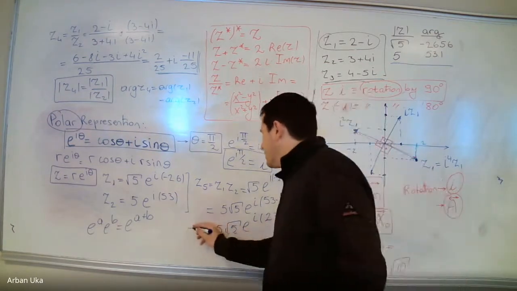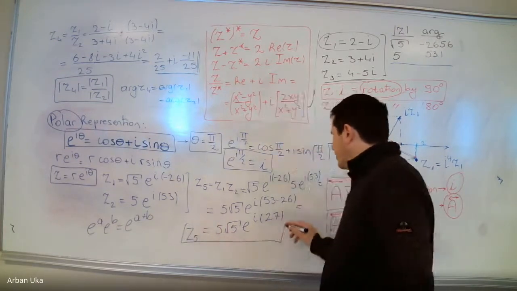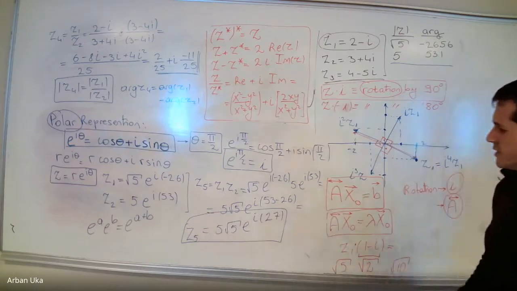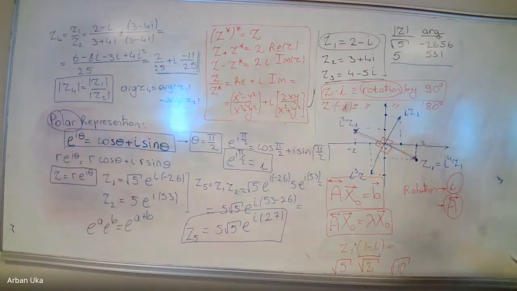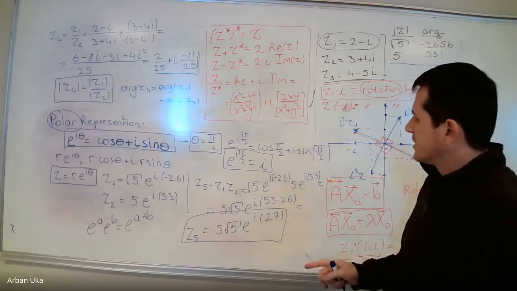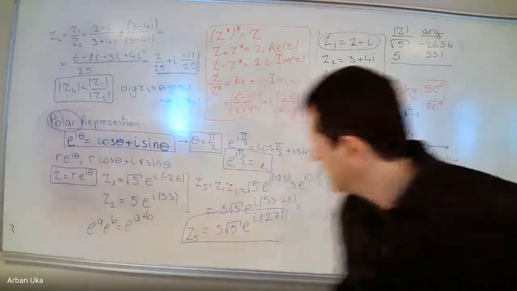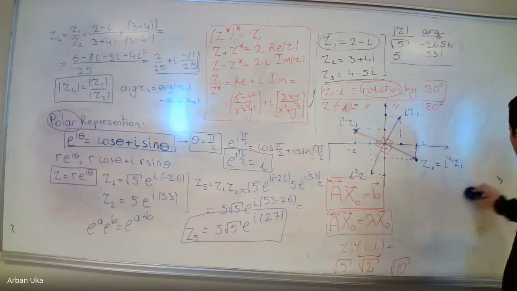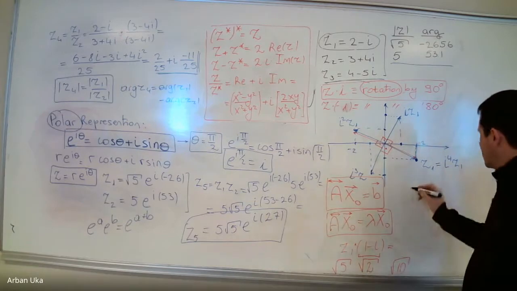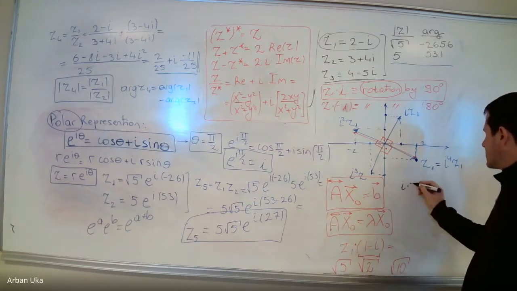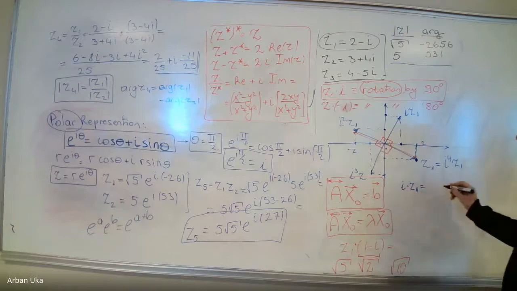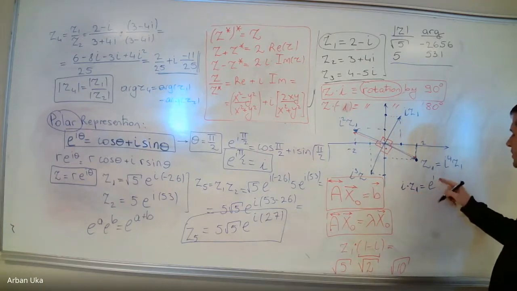Okay, so this is the result, and for many, this one is also a lot more intuitive, because it clearly includes the principles that we discussed regarding the rotation. So this also means that if we have to multiply Z1 with I, what do we get? If you multiply I times Z1, it is the same as writing e to the power I times the angle here.